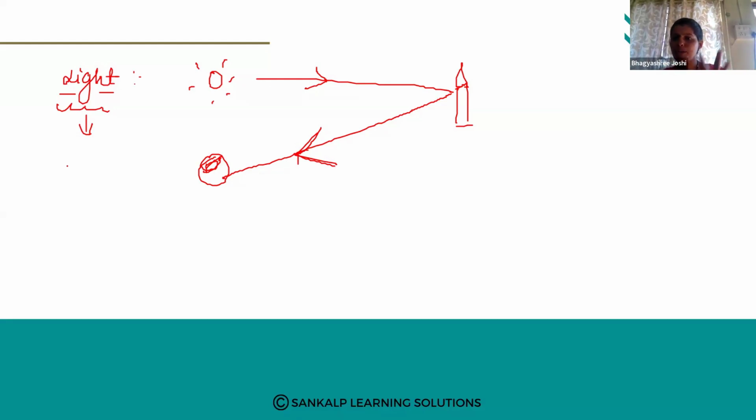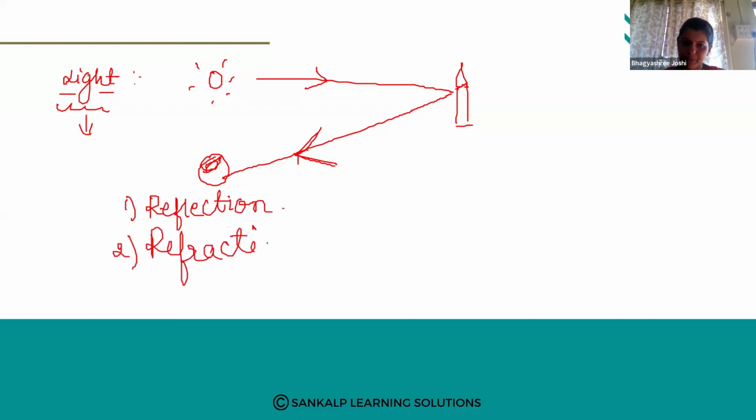So these are all phenomena of light. In this chapter, mainly we are going to discuss reflection and refraction. So what do you mean by reflection and what do you mean by refraction?